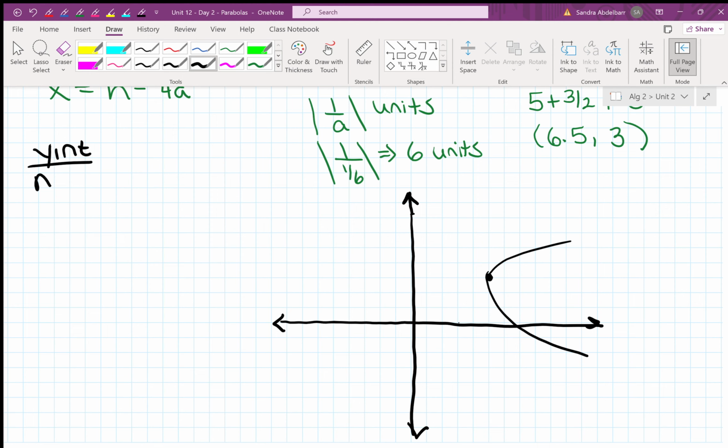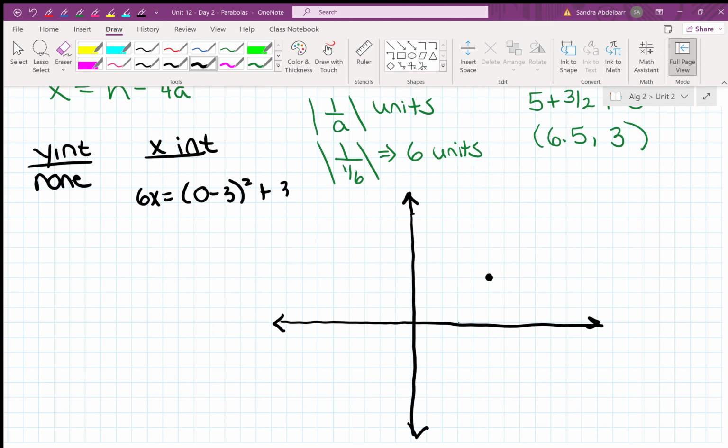X-intercept, what are we going to do? Plug in 0 for y. 6x equals the quantity of 0 minus 3 squared plus 30. So we have 6x is equal to 9 plus 30.